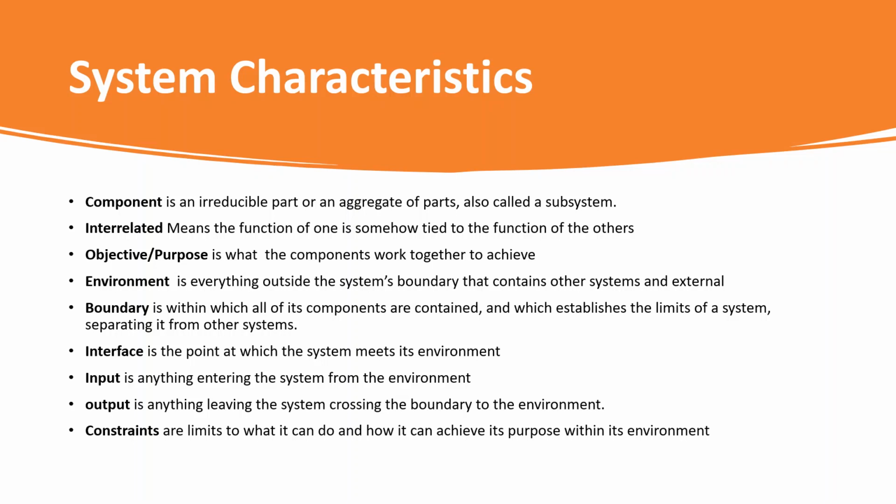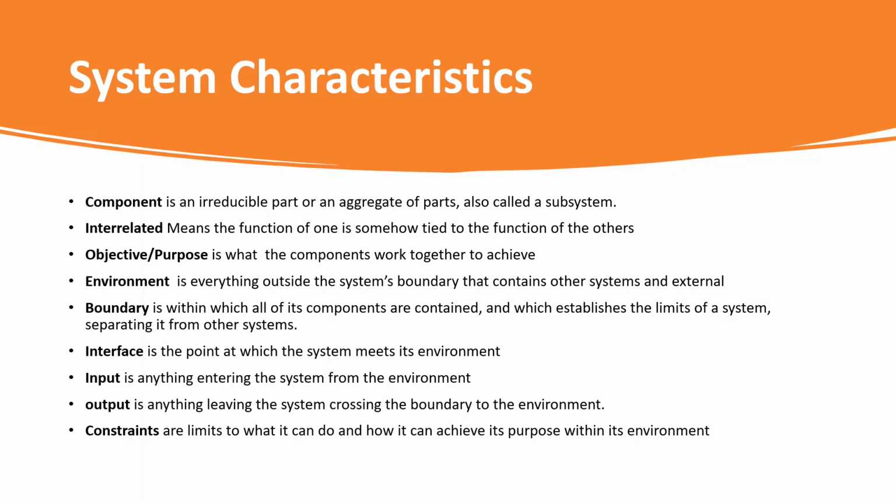And then we have the boundary, which shows what is contained within the system and establishes the limit of a system. So the boundary is what separates the system from the environment. We have the interface, which is the point at which the system meets its environment.